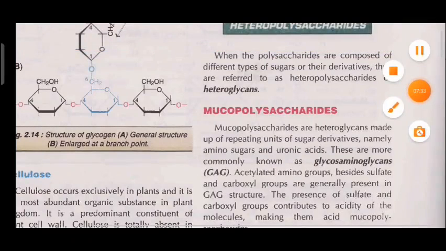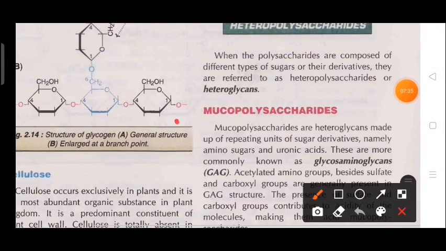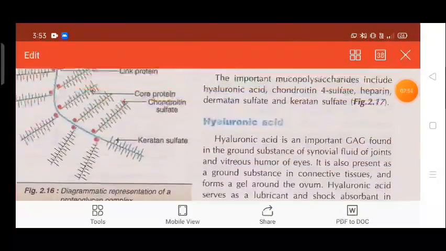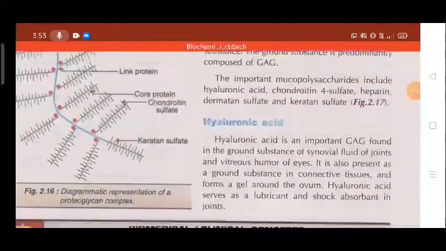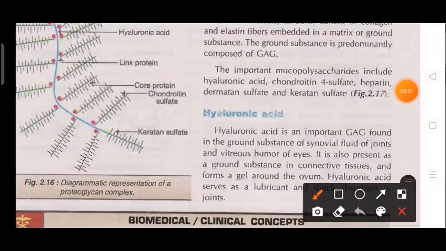An example of heteropolysaccharide is mucopolysaccharide. Mucopolysaccharides are heteroglycans made up of repeated units of sugar derivatives, namely amino sugars and uronic acids. Another example of heteropolysaccharide is hyaluronic acid.